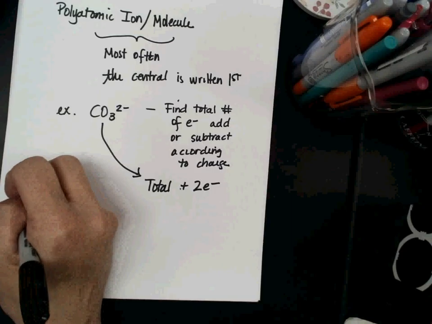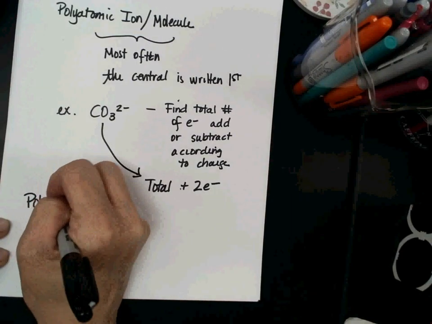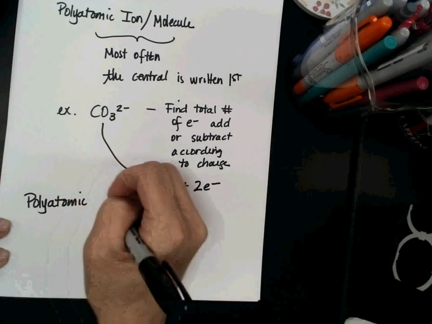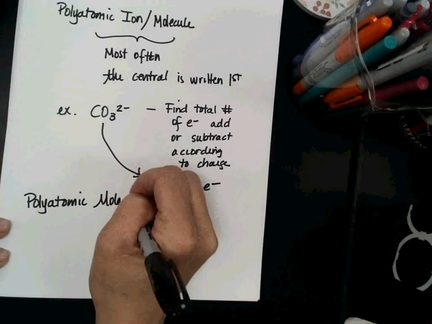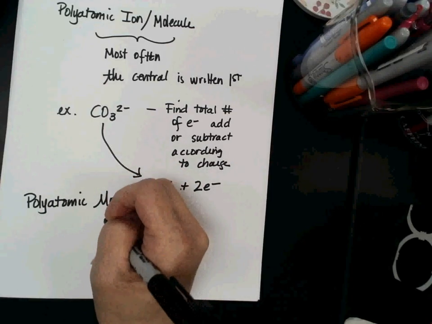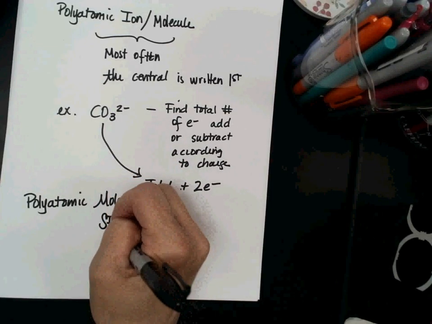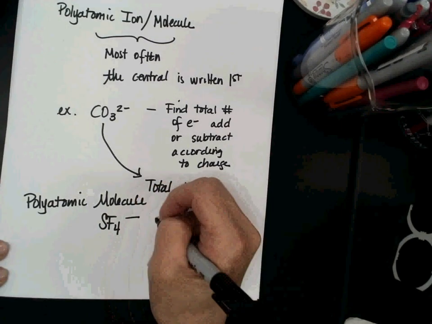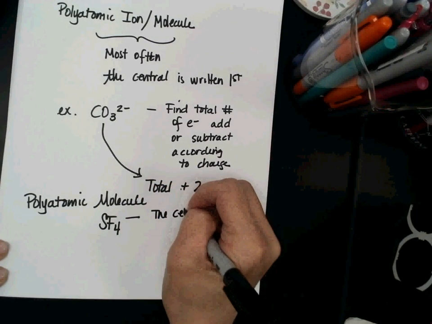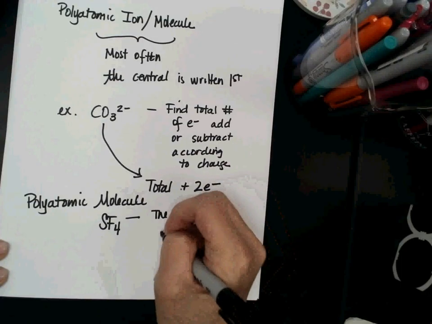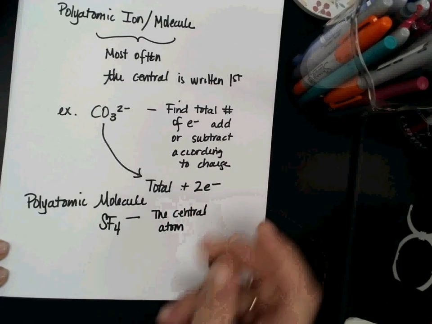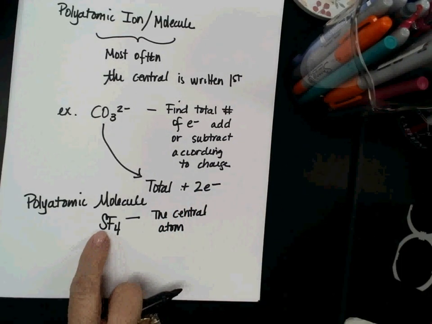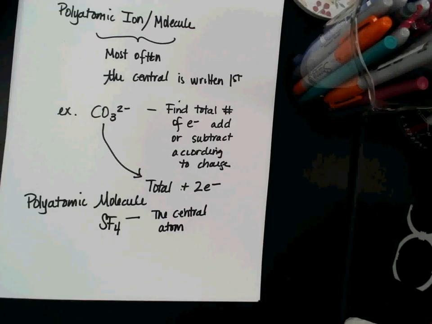Then if I look at a polyatomic molecule, like let's say I have SF4, I follow a rule that the central atom, I mean there are some key clues here. If I have 4 of these and 1 of these, it stands to reason what's going to be my central atom.